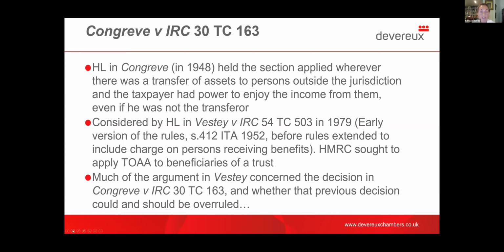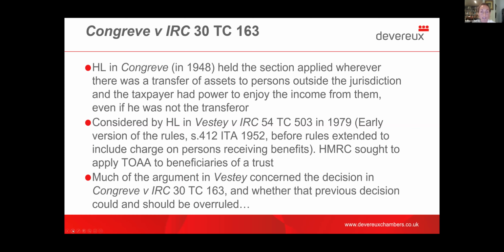So HMRC sought and succeeded in applying it to non-transferors. Now, the legislation was subsequently amended to include the third head of charge, but the big difference to the position under Congreve is, of course, that a person charged under the first head of charge is charged on all of the income arising to the person abroad, regardless of whether he receives a benefit.